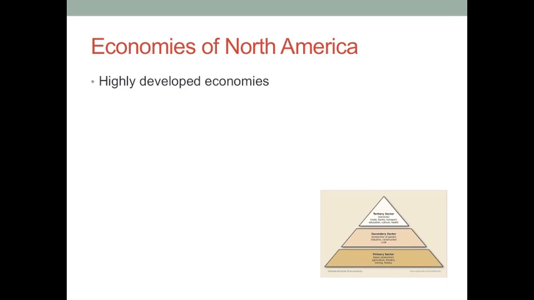The relatively stable population of North America has often been viewed as a very favorable aspect of its economy. When we talk about the economies and economic geography of North America, it's important to remember that these are highly developed economies. And for the most part, the United States economy, while it does have a significant agricultural and manufacturing base, is primarily centered in the tertiary sectors of the economy.